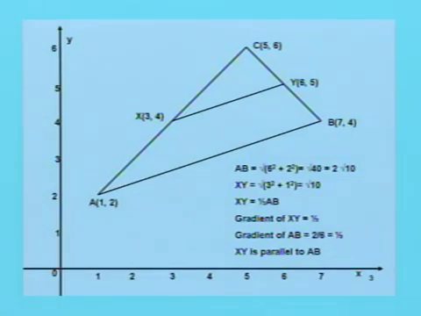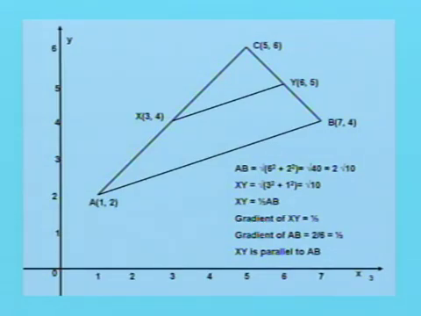If we take the gradient of AB, from the right angle triangle drawn earlier to use Pythagoras' theorem, the gradient of AB would be 2 divided by 6, which is equal to 1/3.